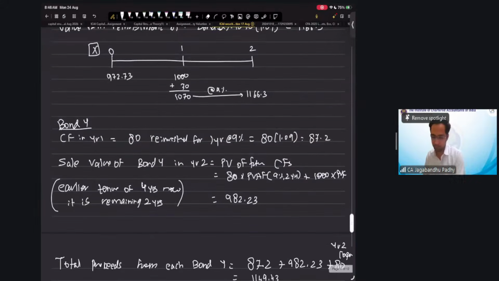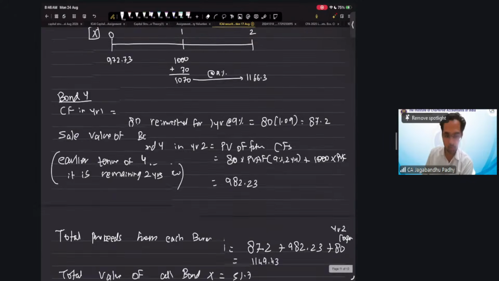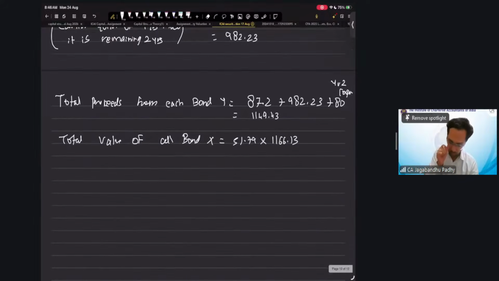Same way, what will be the total value of all bond Y?